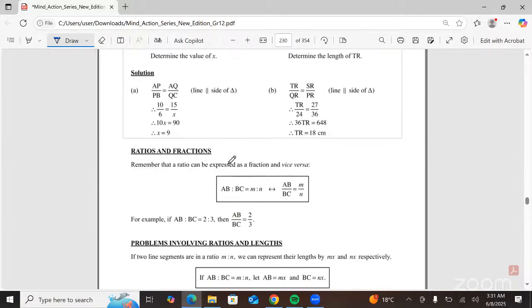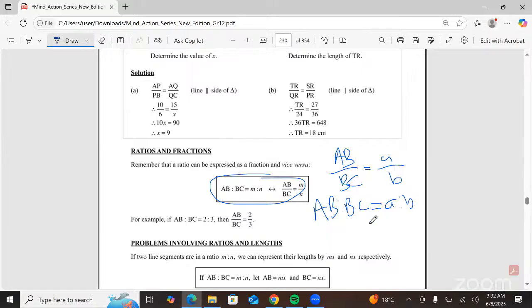Now let's come to these ratios and fractions. If you are given a ratio AB over BC, let's say you're given this as A over B, you can write this in terms of a ratio: AB is to BC, that is the same as A is to B. Does this part make sense?